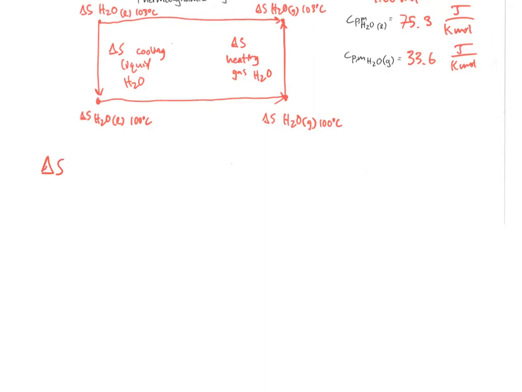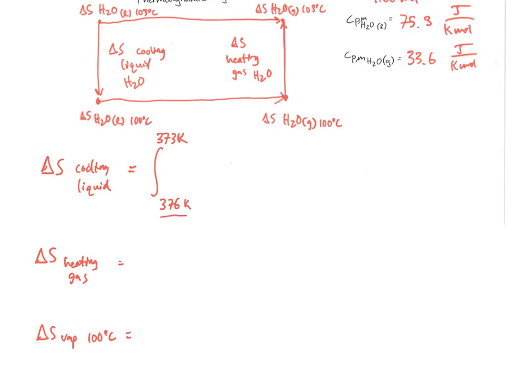First, we've got the entropy of cooling the liquid, and we've got the entropy of heating the gas, and then we've got the entropy of vaporization at 100 degrees C. For this first quantity, this is just going to be equal to an integration from the temperature 376 Kelvin up to 373 Kelvin, which is 103 degrees Celsius and 100 degrees Celsius converted to Kelvin. I'm using approximate numbers. I'm not adding that 0.15 just for simplicity.